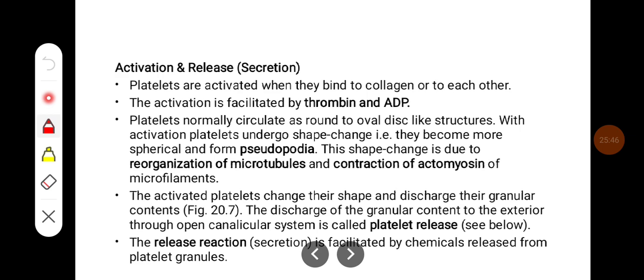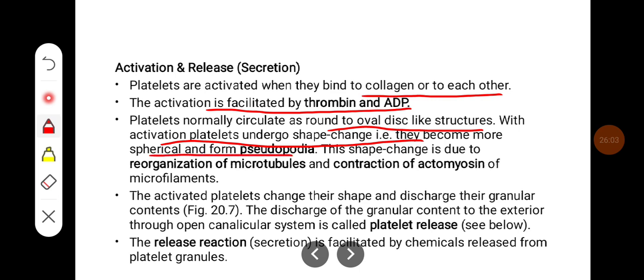Platelets are activated when they bind to collagen and to each other. The activation is facilitated by thrombin and ADP. Platelets normally circulate as round to oval disc-like structures. With activation, platelets undergo shape change, that is, they become more spherical and form pseudopodia.